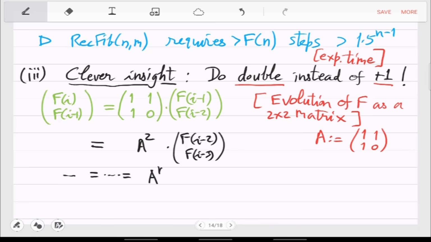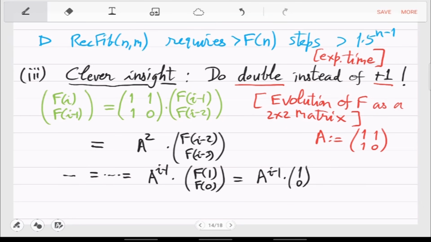So you will get A to the n minus 1 times F1 and F0. This is in i notation. Is that correct? So this is then A to the i minus 1 times (1, 0).